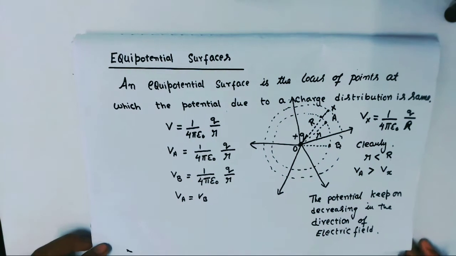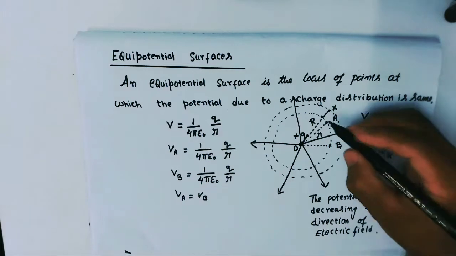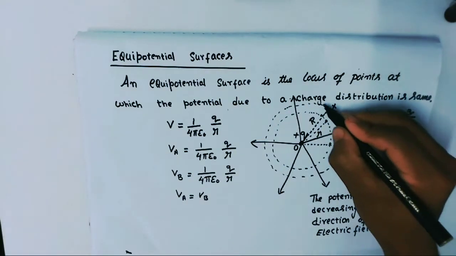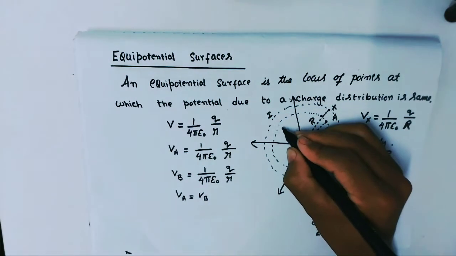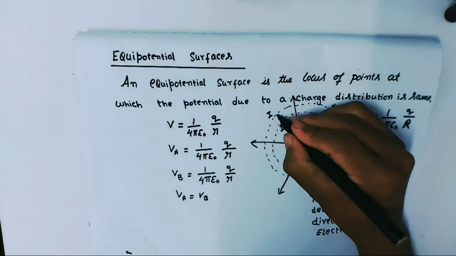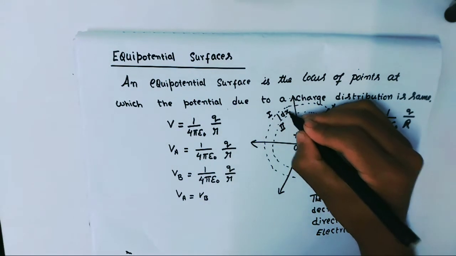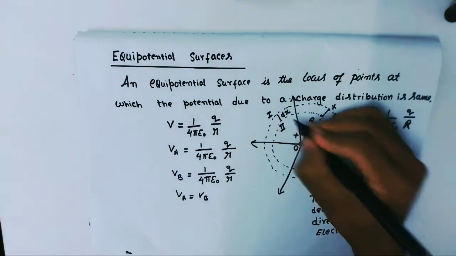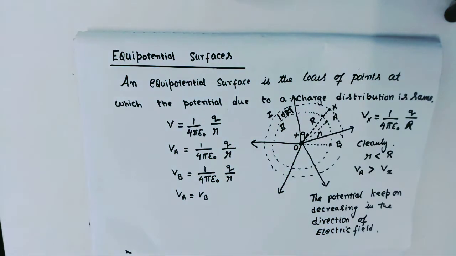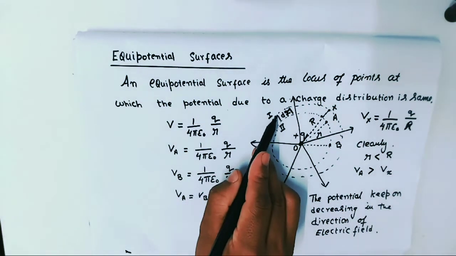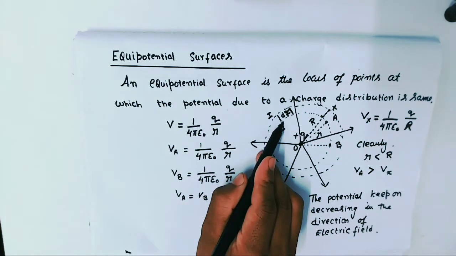So one more thing. Suppose the spacing between these two equipotential surfaces, say this equipotential surface 1 and this another, it is 2. Suppose the spacing between these two equipotential surfaces is dr. Then what is the relation between the electric field and the difference in the potential between these two surfaces?